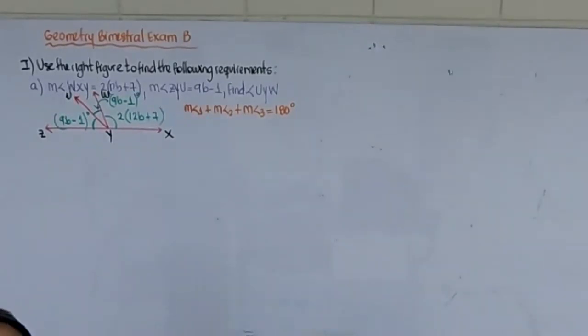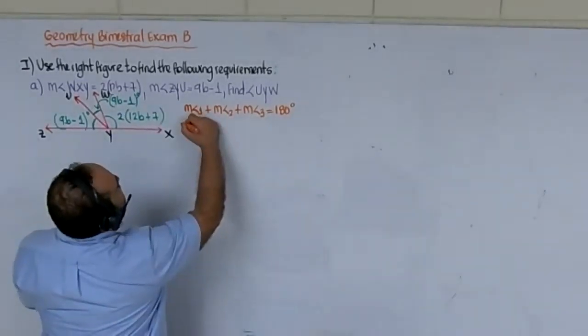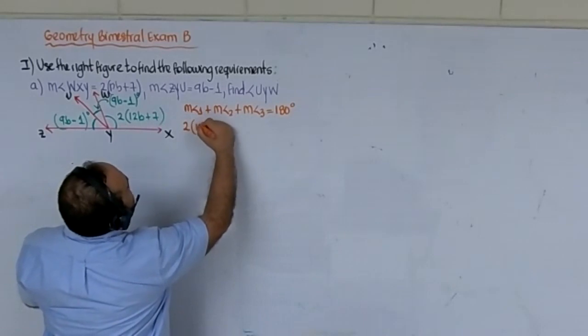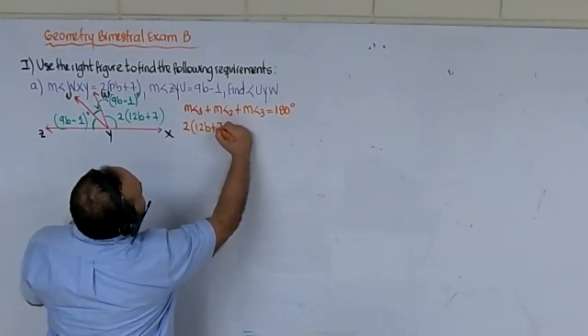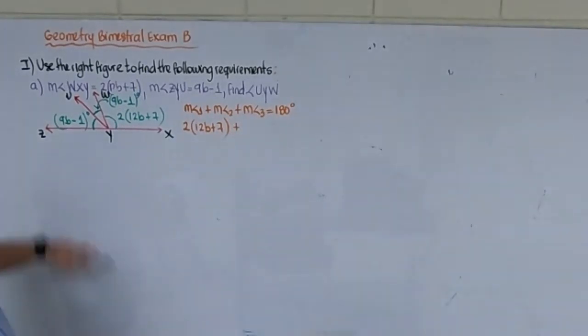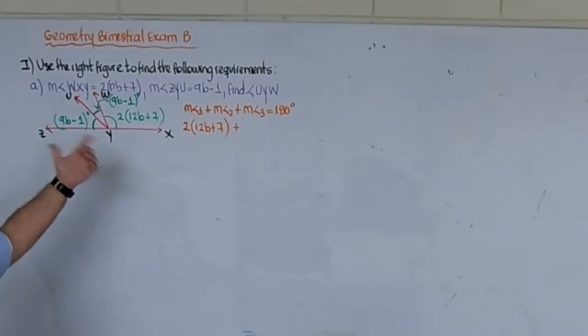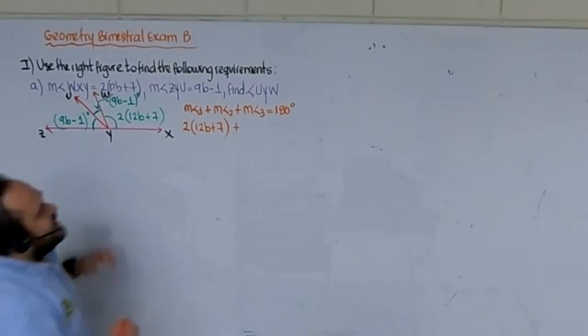All right. So what we have to do, for example, we can say the measure of angle 1 will be twice the product between 12B plus 7 plus n. We can write twice 9B minus 1 plus 9B minus 1. Or if you want to save a little bit of process, instead of adding or writing twice this number, we can simplify the process like a product.